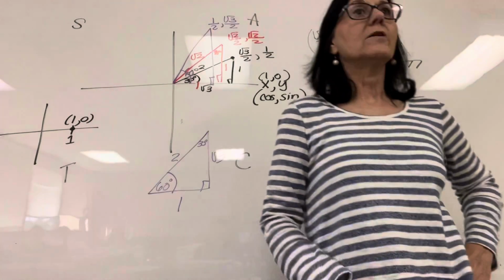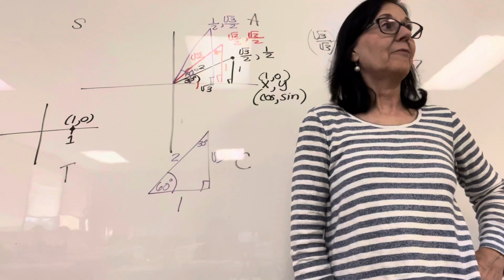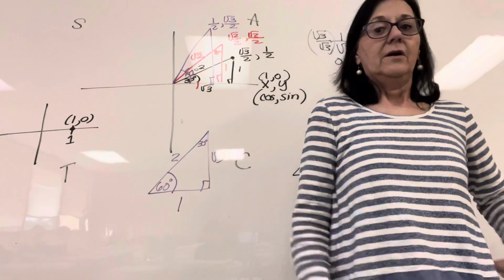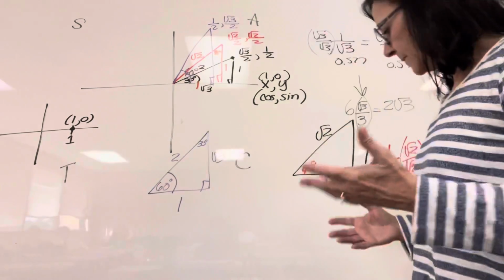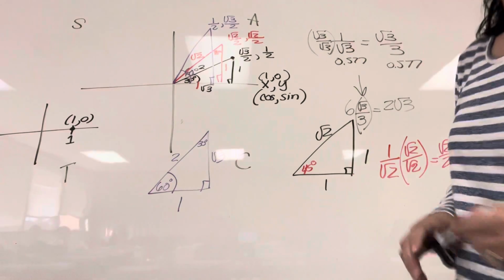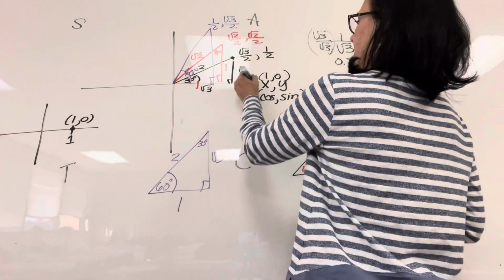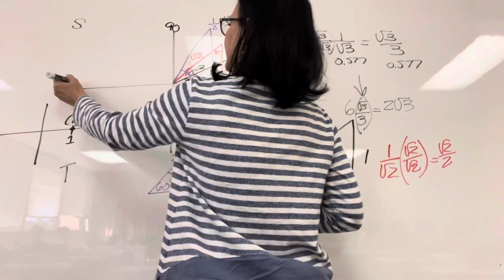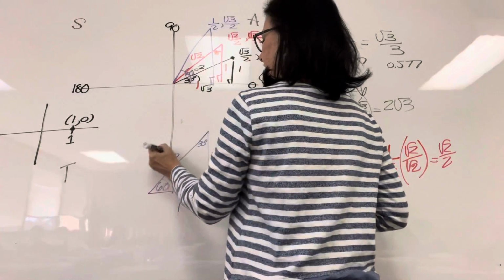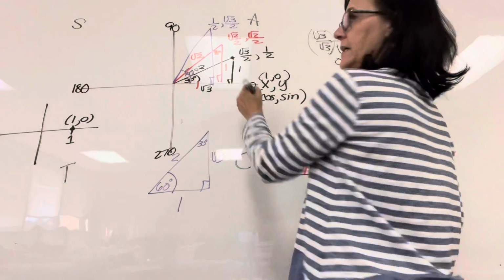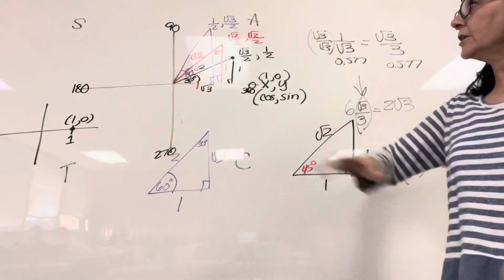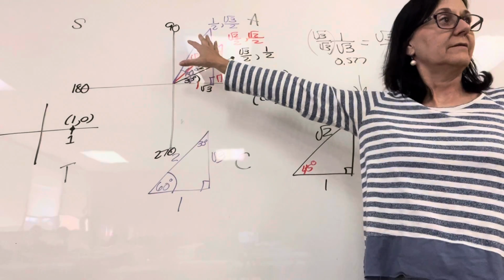Okay, so every quadrant repeats the same ratios. So what tells me what quadrant I'm in is the degrees. I'm at 0, I'm at 90, or 180, 270, back around to 360. But I'm only going to memorize this first quadrant.